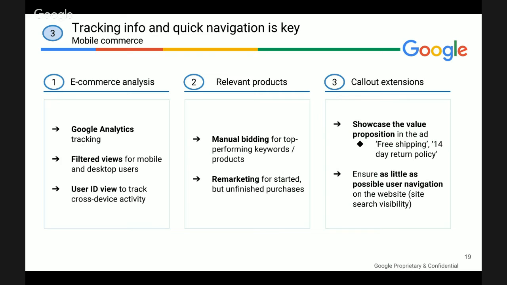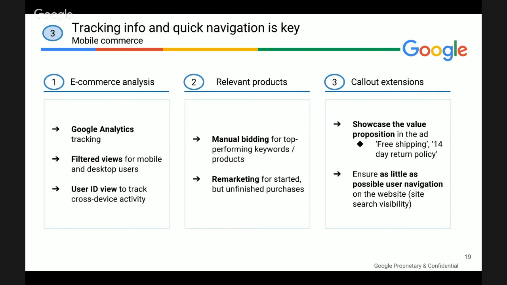Again, looking from the AdWords perspective, three main things that you should focus on. So first one is analysis, stats. We highly recommend you to implement Google Analytics for your mobile e-commerce store. In this way, you can achieve two types of goals. The first one is you can have a filter view for each of the devices that the customers might put a purchase on the store.